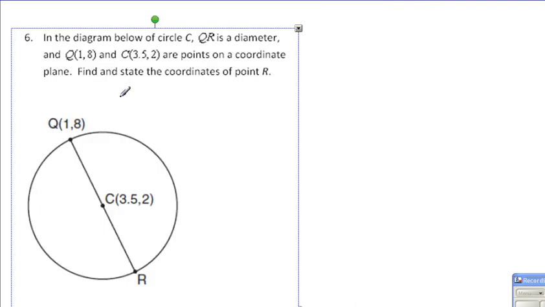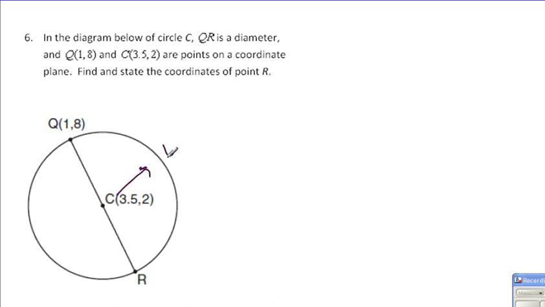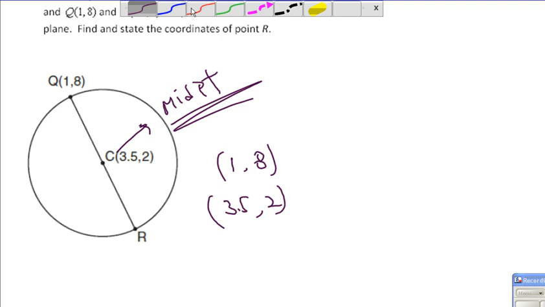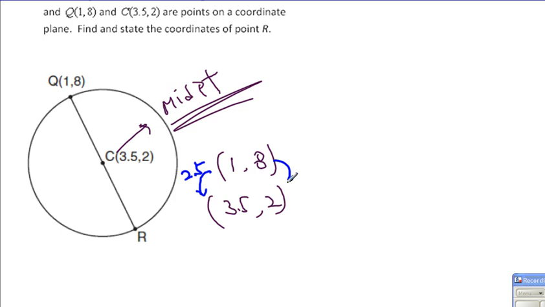Alright, find the coordinate of R. Since this one is the midpoint, one thing we can know right away is that whatever happened from here to this point, that same thing will happen from here to here. In order to get R, the x value of R, say from 1 comma 8 to 3.5 comma 2, as you can see, in the case of x, it just increased by 2.5 while y decreased by 6.